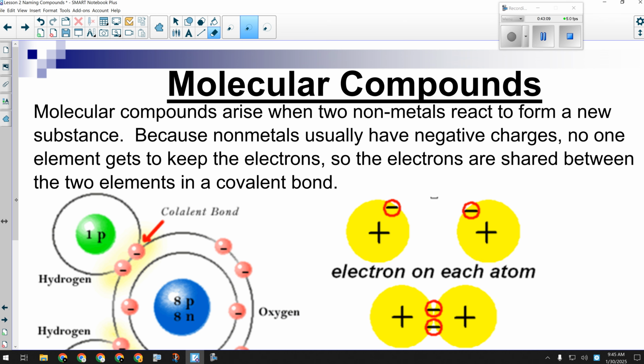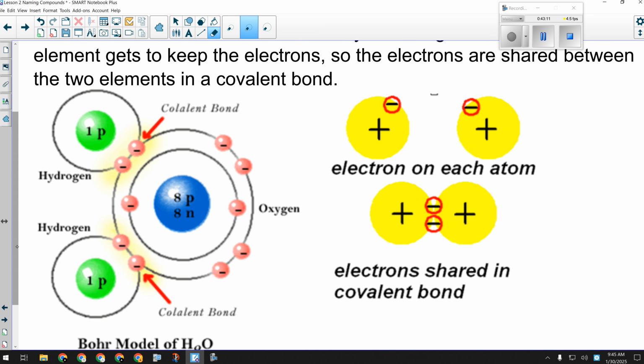So if we're looking at a molecule like water, for example, it's 2 hydrogen atoms, that's these 2 green nuclei, and then the nucleus here for the oxygen atom. If we're looking at the electrons, a hydrogen atom has 1 proton and 1 electron, and an oxygen atom has 8 protons and 8 electrons.